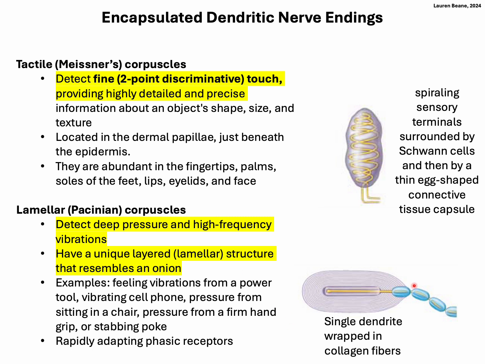So when we have sensations like feeling vibration from a power tool, like an impact driver, a drill, right? Sawzall, anything like that, that really vibrating force penetrating through our skin, we're activating these lamellar Pacinian corpuscles. Even that firm pressure from sitting in a chair long term, right? Really activating those examples I mentioned correlating with deep pressure.